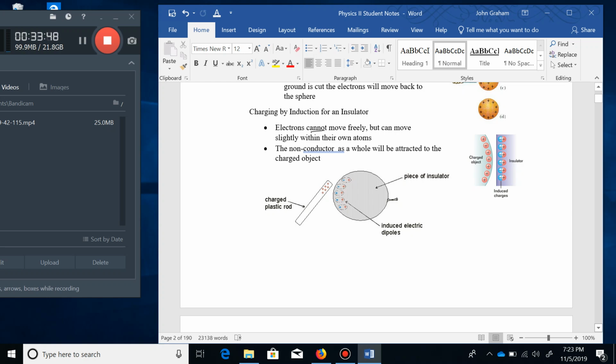You may have one over here, negative and positive, but it's only as far as it can move away from your positive charges. And so this would be part of charging by induction and causing the object to become polar.